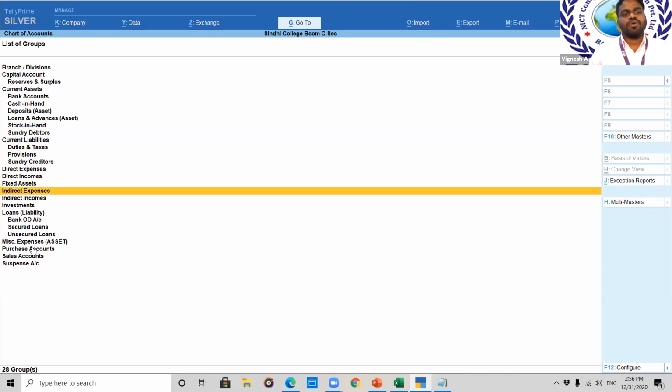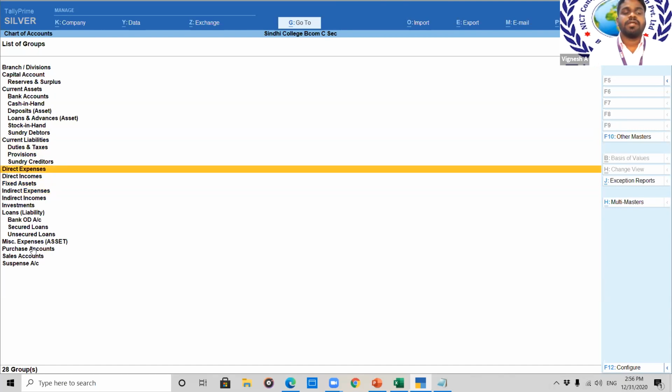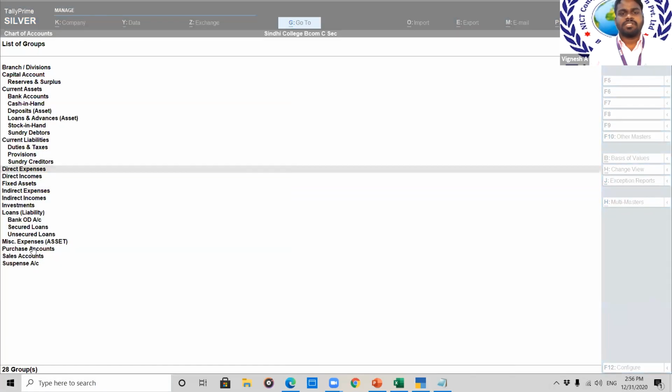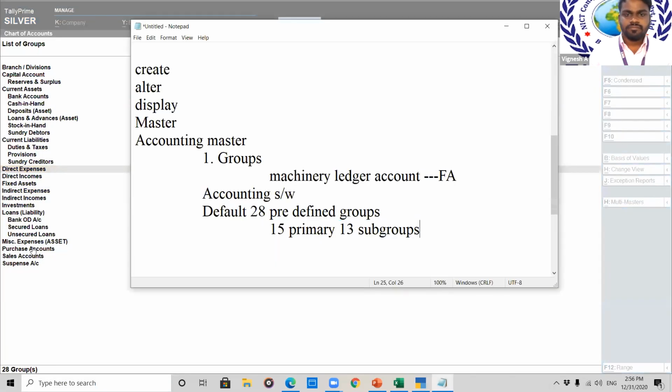In my company, they don't call anything indirect expenses or direct expenses. In my company, they term it as admin expenses, for example administration expenses, or they term it as factory overheads.